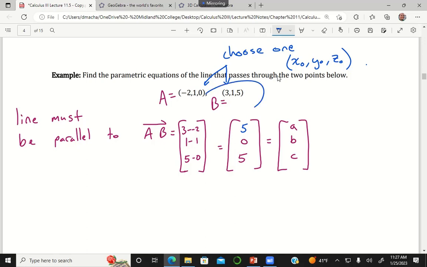Let's go ahead and use B, just for kicks. And so my parametric equations are going to be 3 plus 5t, comma, 1 plus 0t, comma, 5 plus 5t.